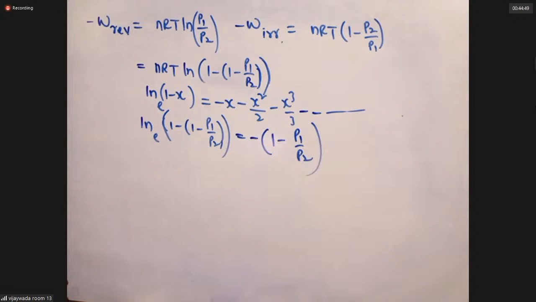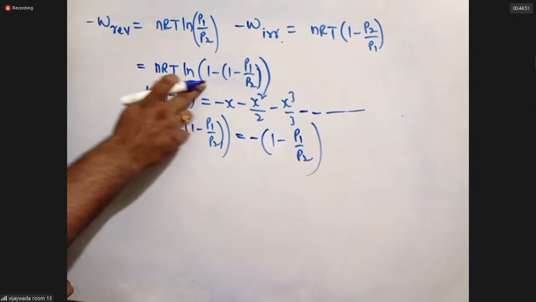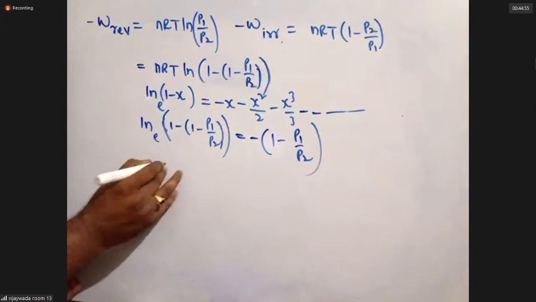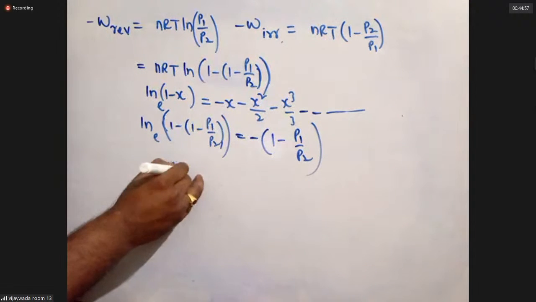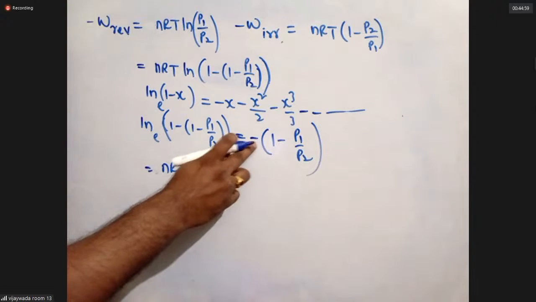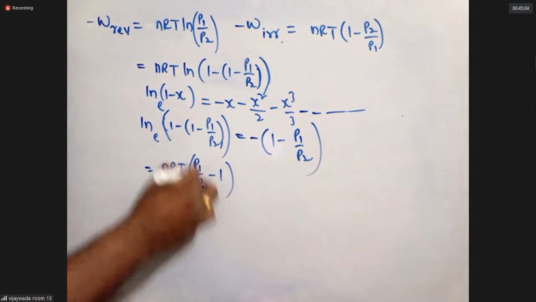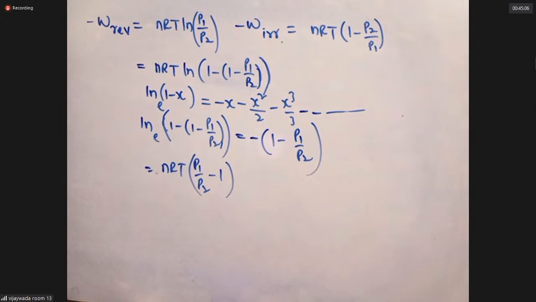Okay, so in place of this, I'm writing this term, then nRT into minus of this. Can I write P1 by P2 minus 1?